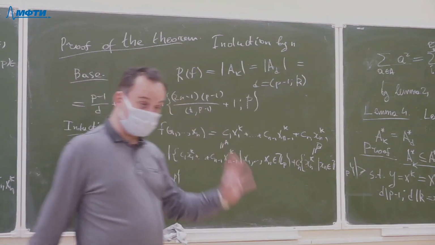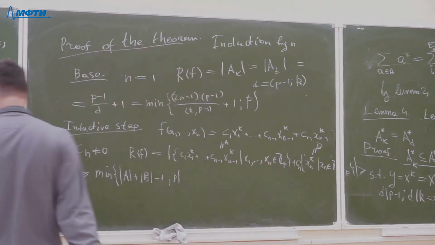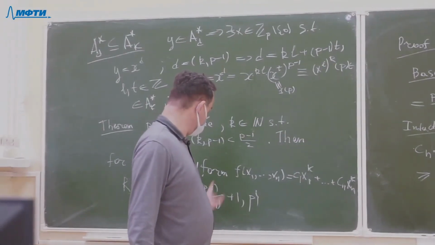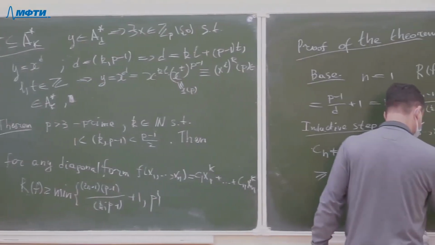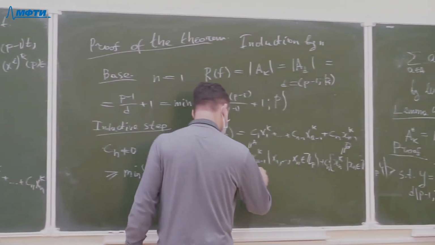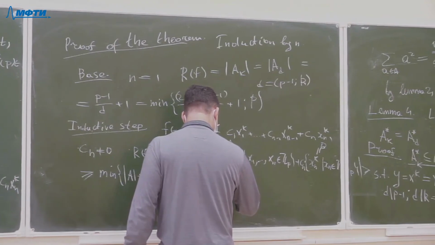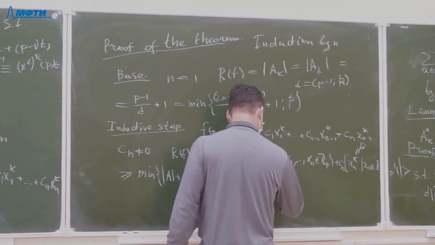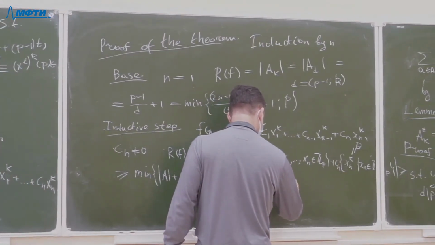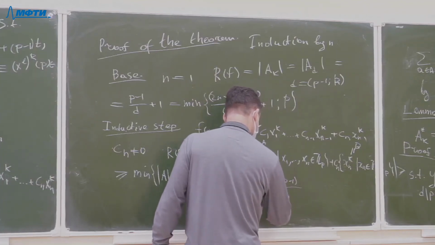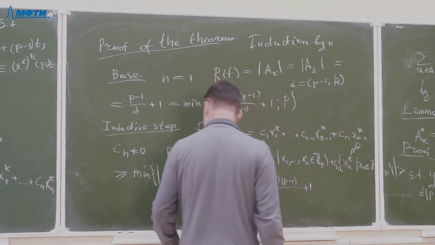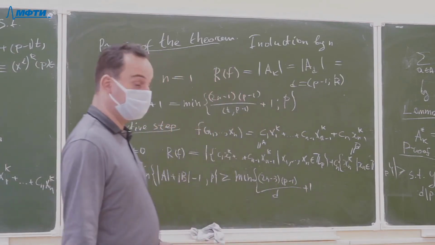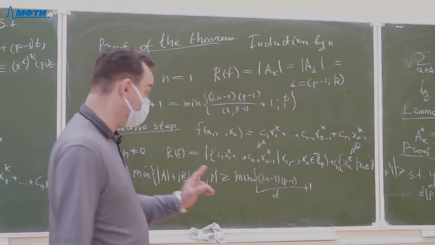The lower bound for the size of A is (2n minus 3) times (p minus 1) over d plus 1, right? Plus the size of B. We can count this size of B. What is this?